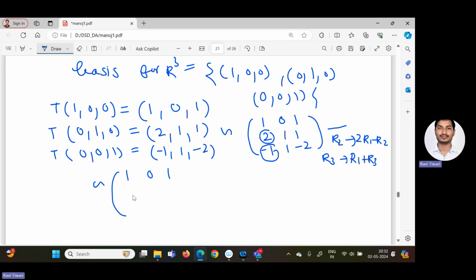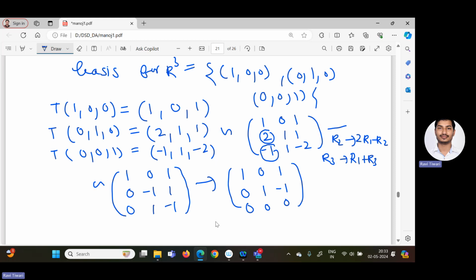So 1, 0, 1; then 2 minus 2 is 0, 0 minus 1 is -1, 2 minus 1 is 1; and 0, 1, and 1 minus 2 is -1. Again we replace R3 by R1 plus R2. So we get 1, 0, 1. If you want, you can replace R2 by its negative also, so 0, 1, -1. And the third row becomes 0, 0, 0.